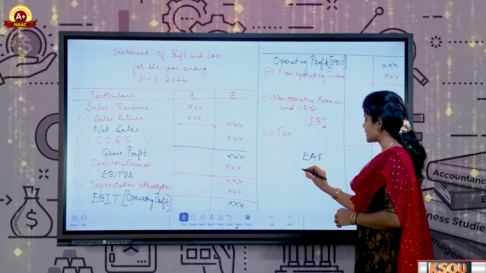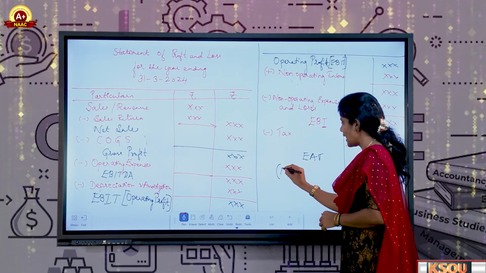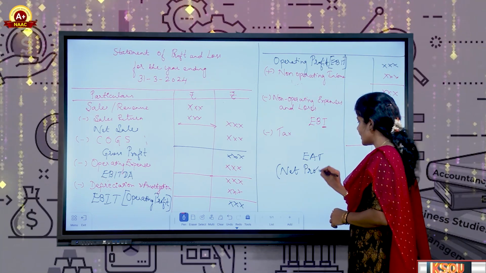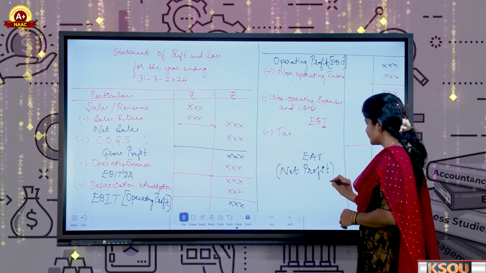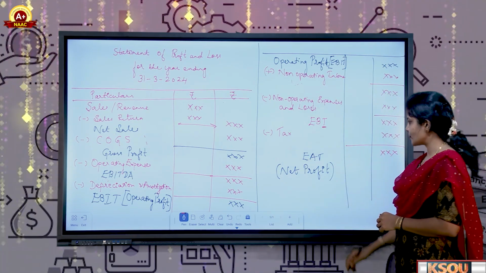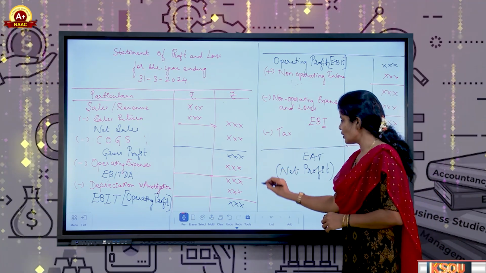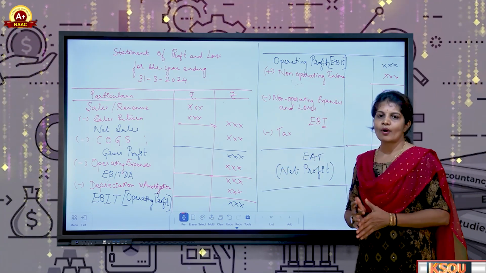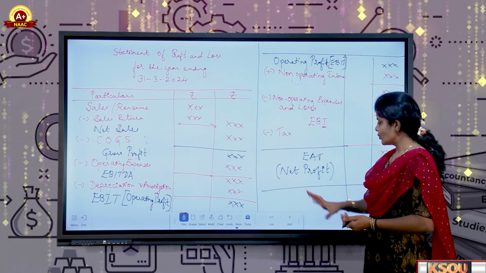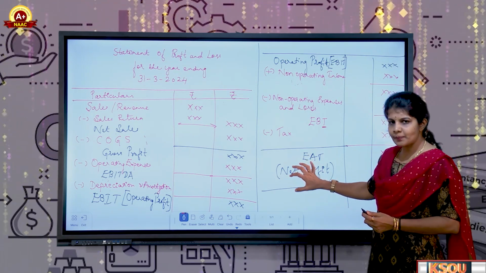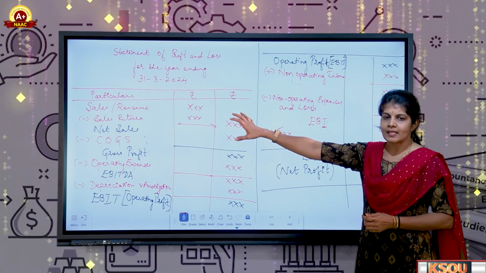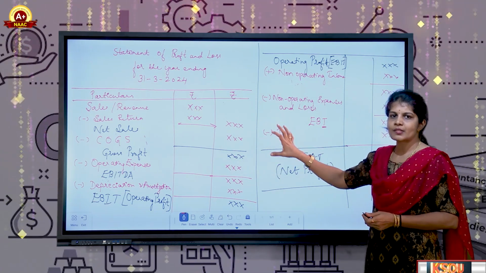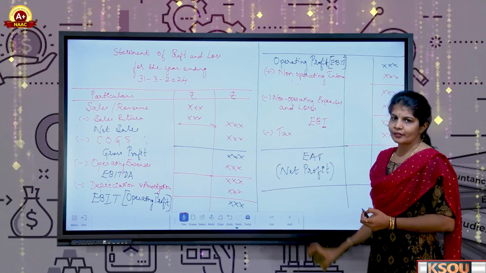EAT is nothing but earning after tax, and this is also called net profit. So now we have arrived till here. This is the format of the statement of profit and loss. So in order to obtain the net profit, we take the sales, and after adding and deducting some expenditure and incomes, we obtain the net profit.